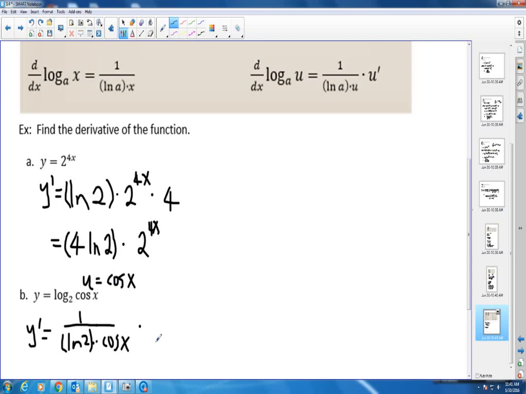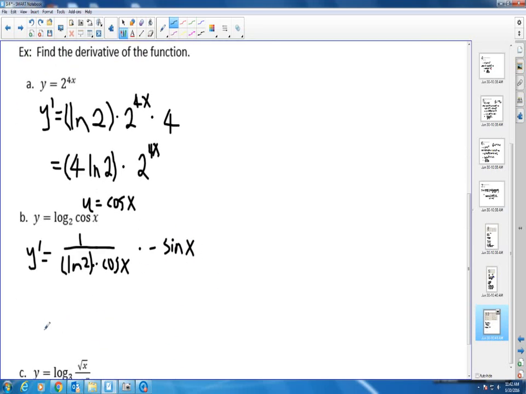Cosine of x, I believe, was negative sine x. So this negative sine x is actually going to be over 1, so that makes it on the top. So if I simplify this, that will be negative sine x over natural log of 2 times cosine of x.